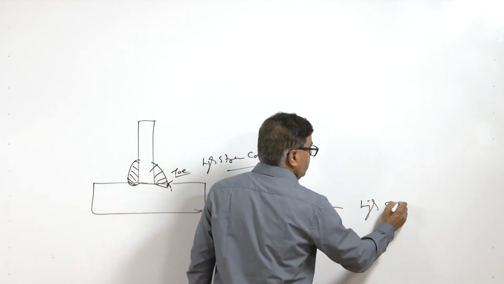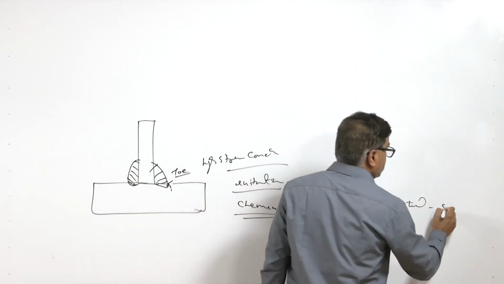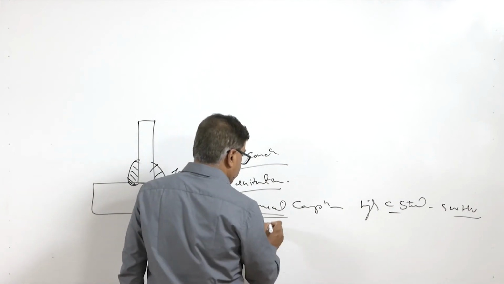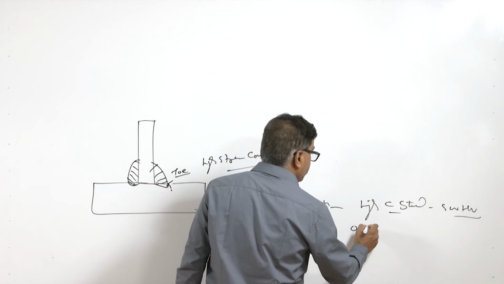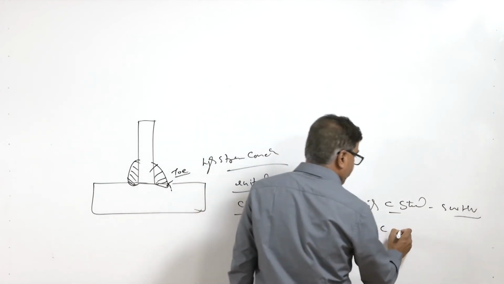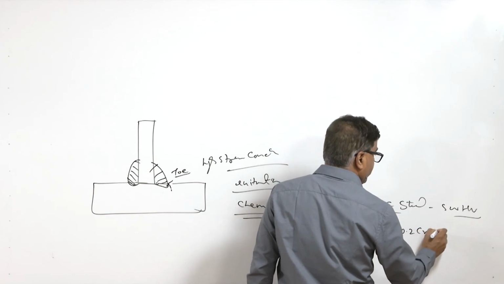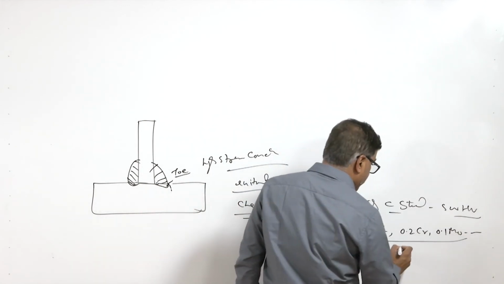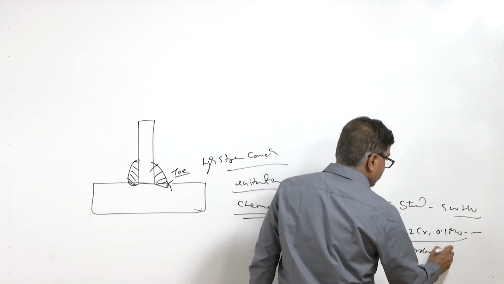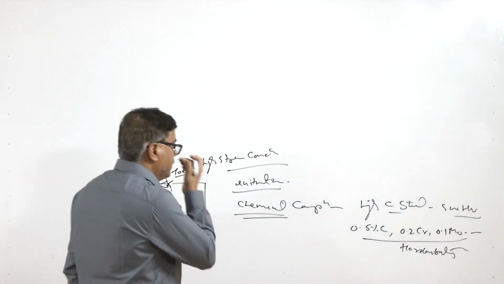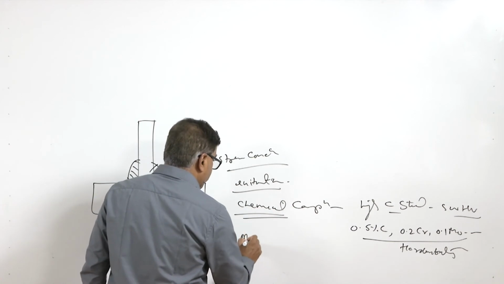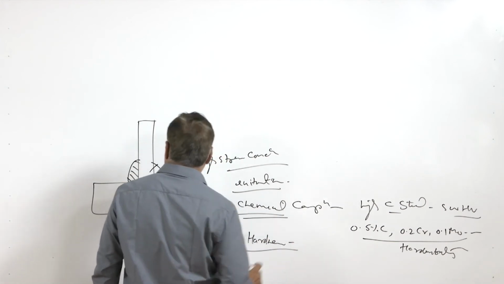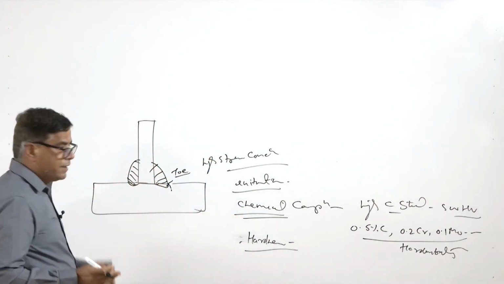If it is coming out to be a high carbon steel leading to a high hardness of 500 HV, the chemical composition may have say 0.5% carbon, 0.2% chromium, 0.1% molybdenum, and other residual elements. So, all these will be increasing the hardenability of the steel, and thereafter we can do the hardness study of the weld area where failure has taken place.